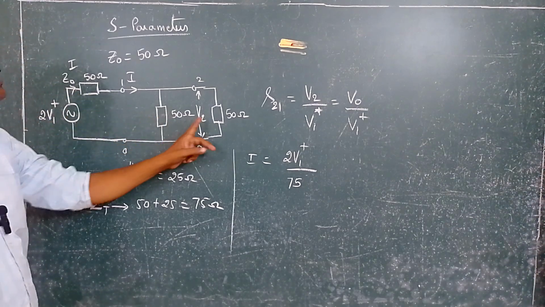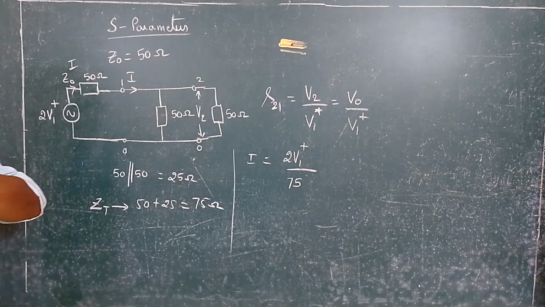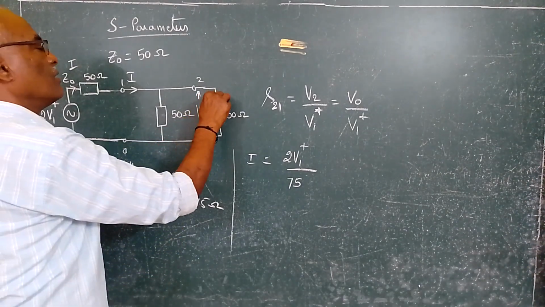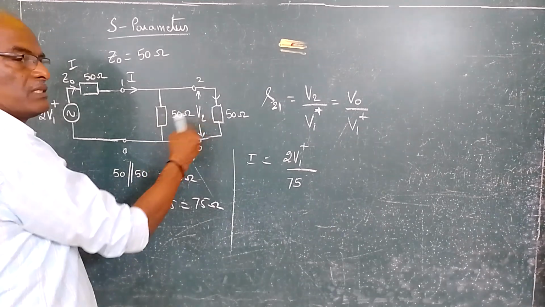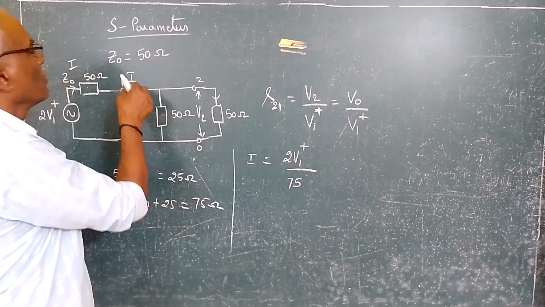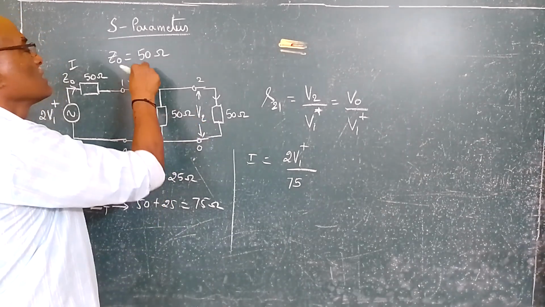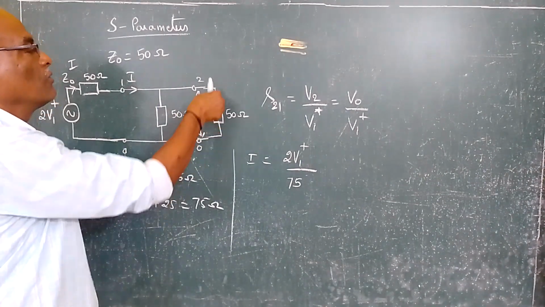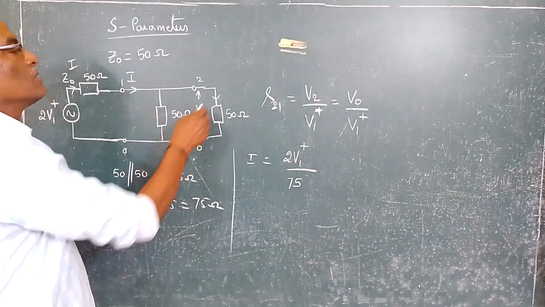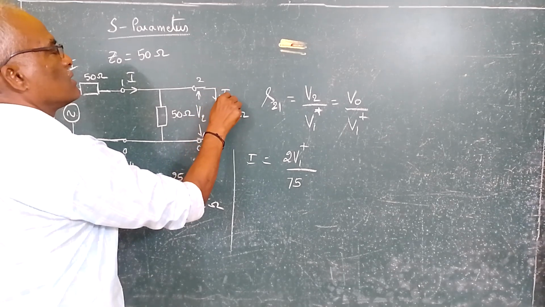Since both impedances are the same, if I get 10 amps, here it is 5 amps, 5 amps. That means this current divided by 2 will flow in the load. I call this the load current.